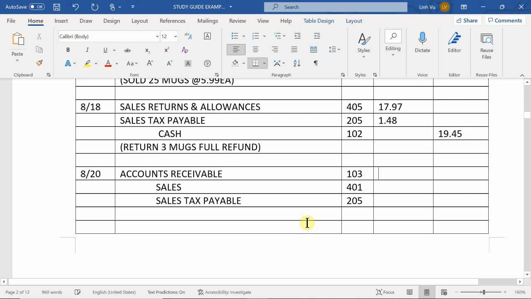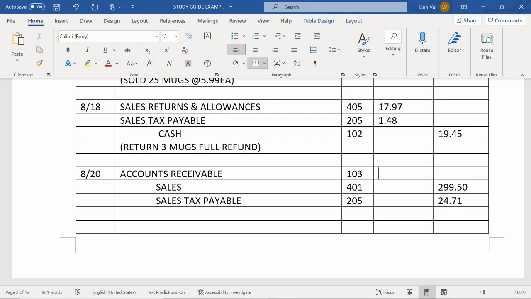So accounts receivable, sales, and sales tax payable. In this case, we sold 50 mugs for $5.99, which is 299.50. The taxes are $24.71.